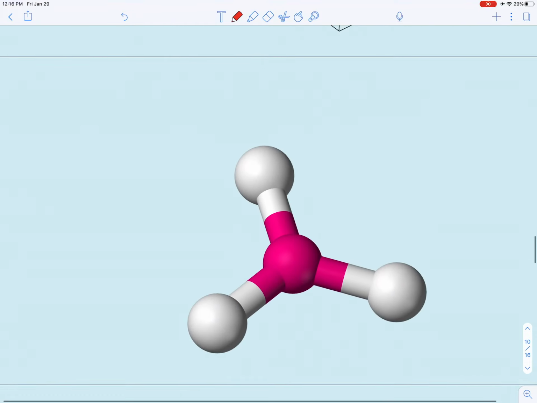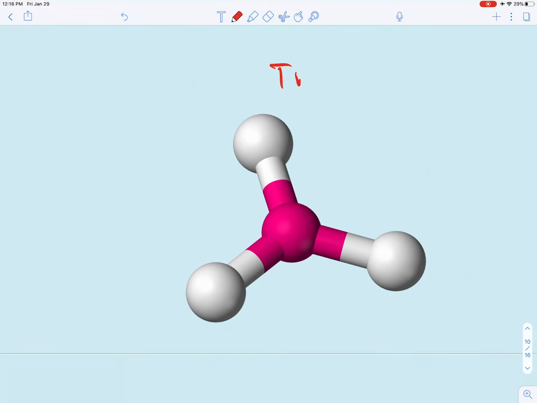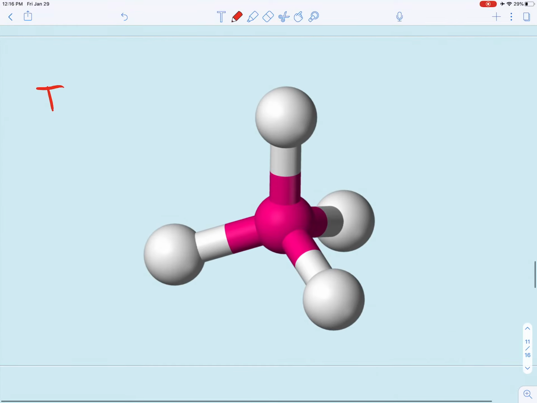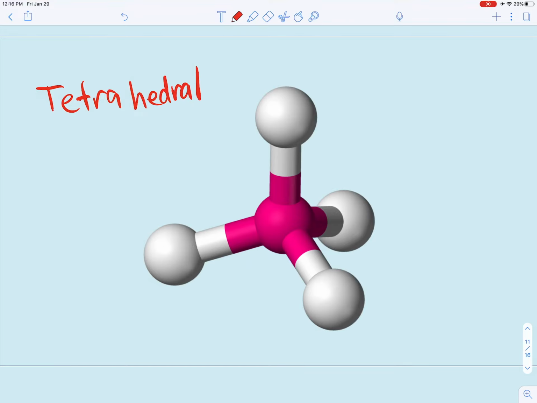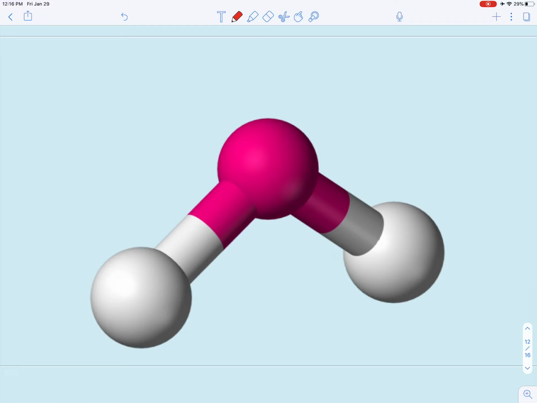Okay, next we're just going to review the shapes. So here we have 3 bonded, no lone pairs. So this is going to be trigonal planar. Here we have 4 atoms bonded, so remember 4 means tetra, so tetrahedral. This one, you can just tell by the shape itself, it looks bent.